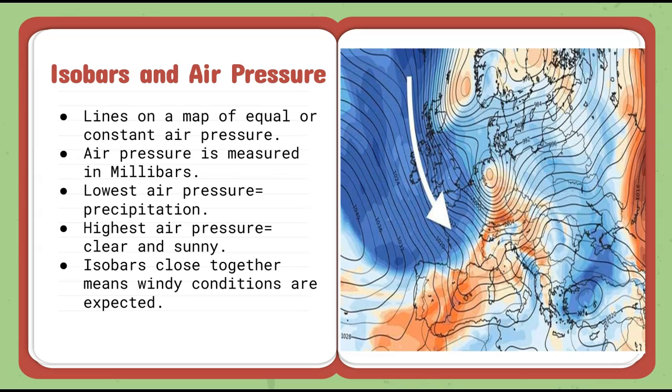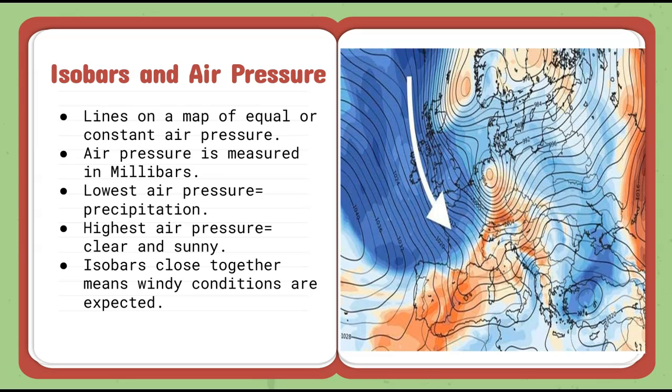Sometimes you'll see it measured in inches of mercury. The things that you need to look out for is where there's the lowest air pressure, you could expect things like precipitation and cloudy weather, whereas areas of high air pressure, you would see clear and sunny skies.